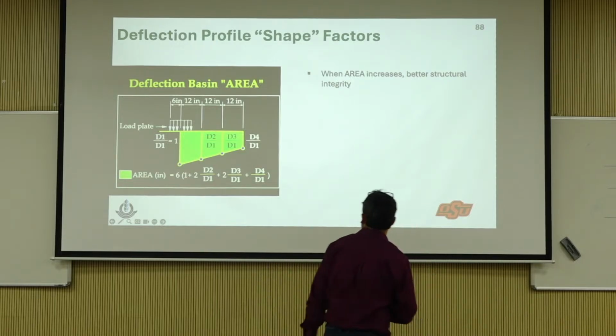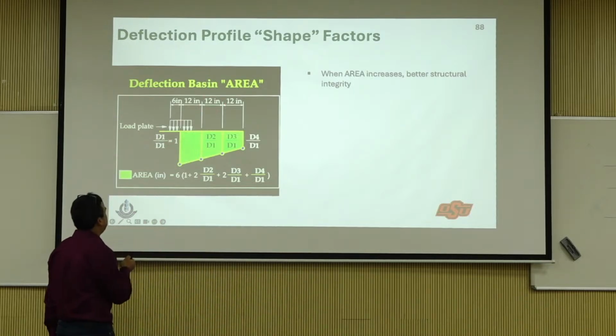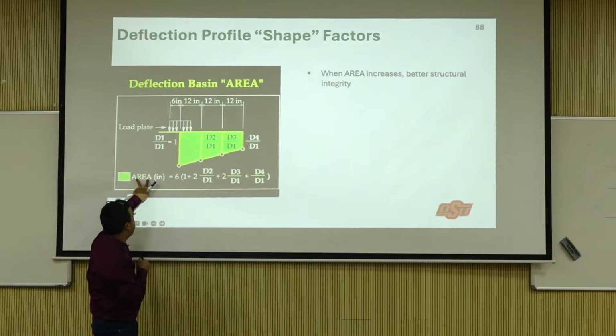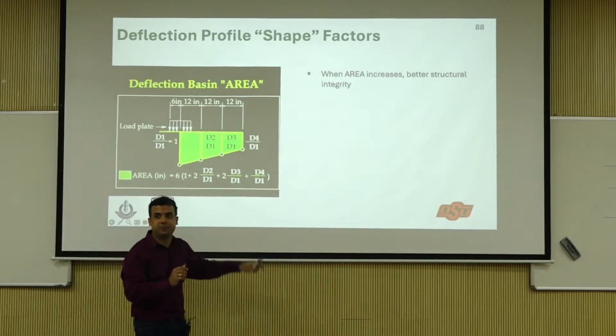So one thing that they do is, from the deflection basin, they have determined little parameters. This area parameter is not truly an area. When I was first exposed to it, I used to think this is the trapezoid area, the sum of the two parallel sides multiplied by height, but it's not.